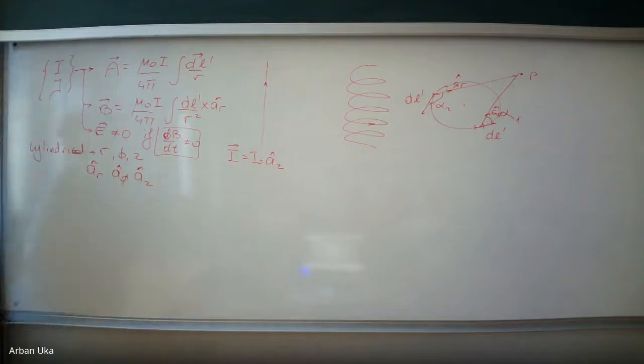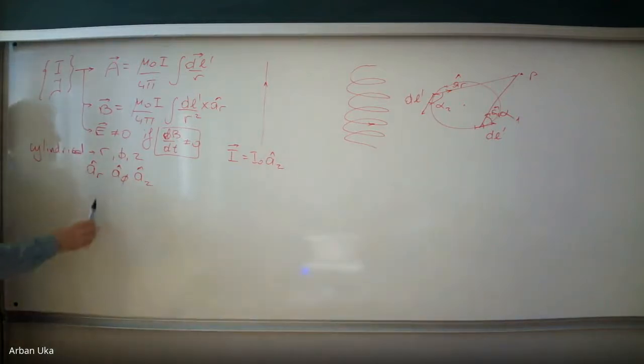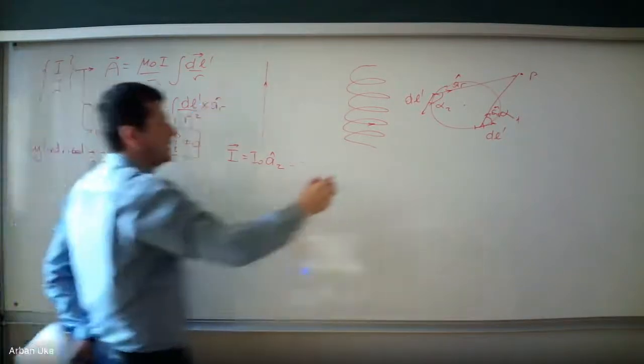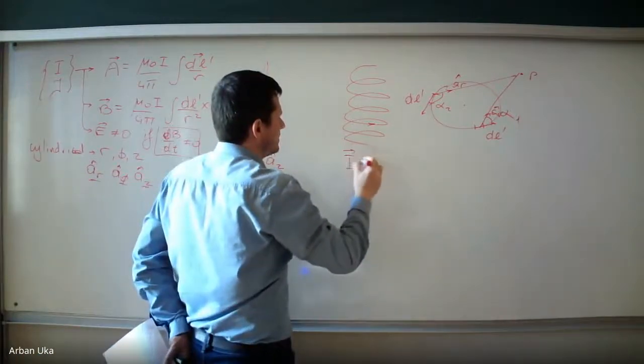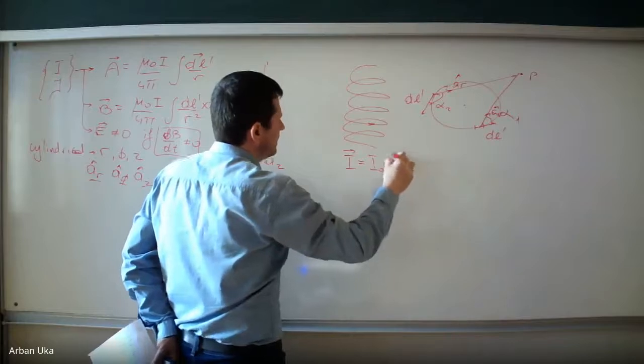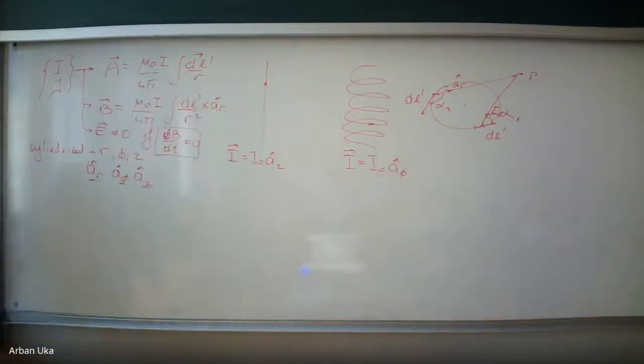From the bottom to top. That's correct, but which one of these unit vectors would you select? AZ. Now, AZ is this one. This is pointing along the Z direction. A phi. A phi, that's correct. So I is equal to I0 A phi. That is true. Okay, that's good.